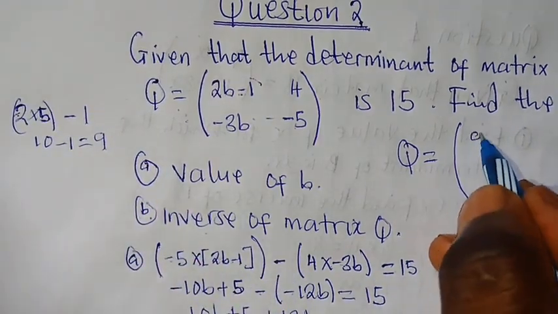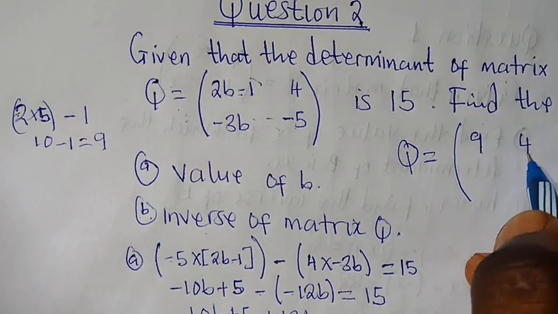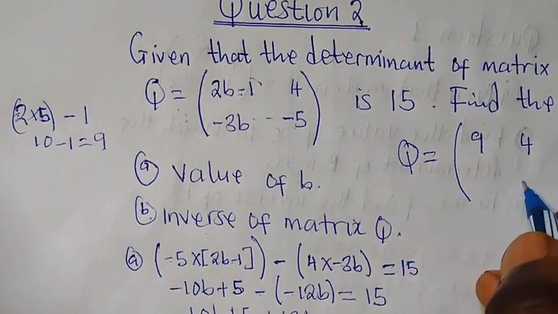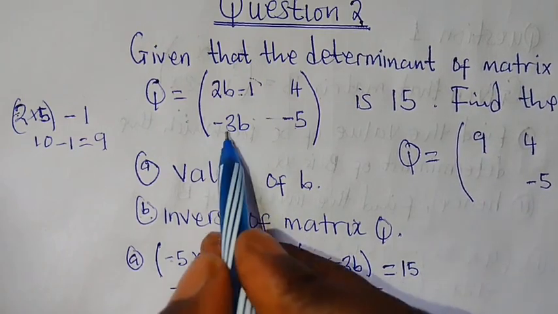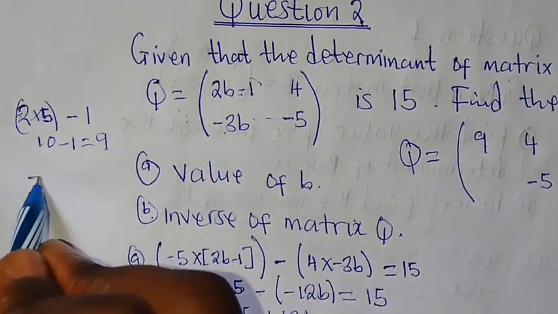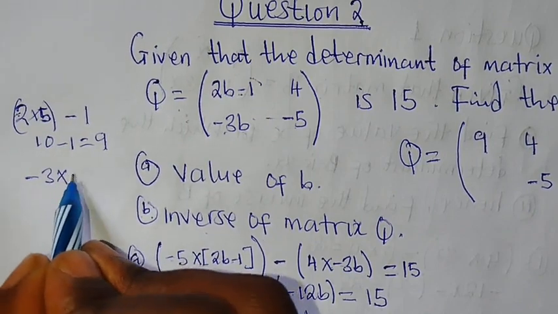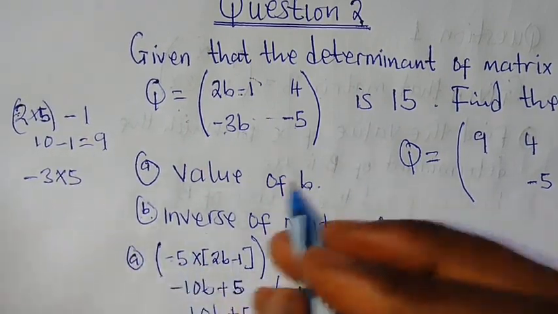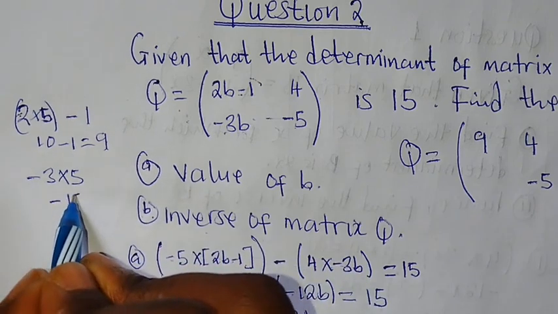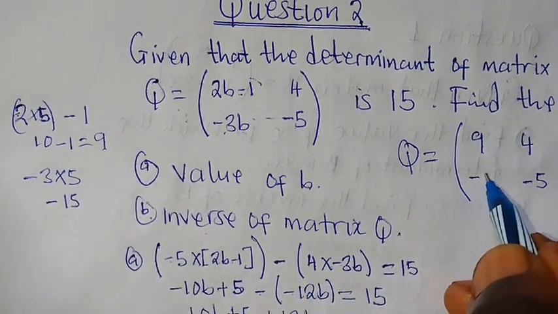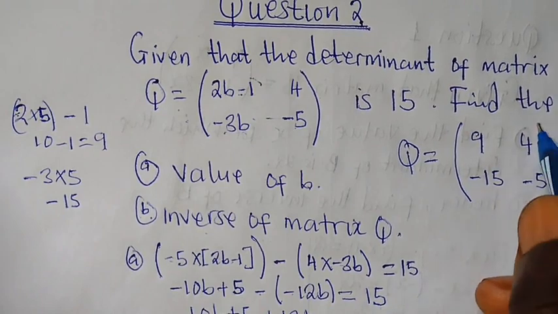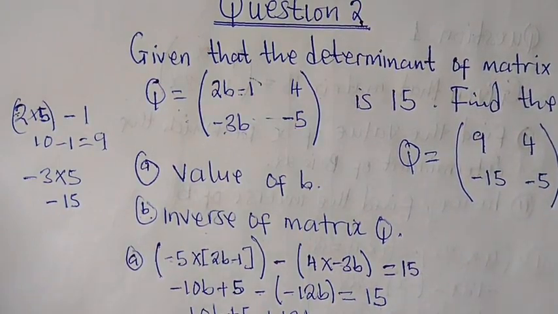So here we are going to have 9, then here we have 4, then here we have negative 5. Now here there is negative 3b, which is negative 3 times the value of b, it's a 5, which will give us negative 15. So this is the original matrix.